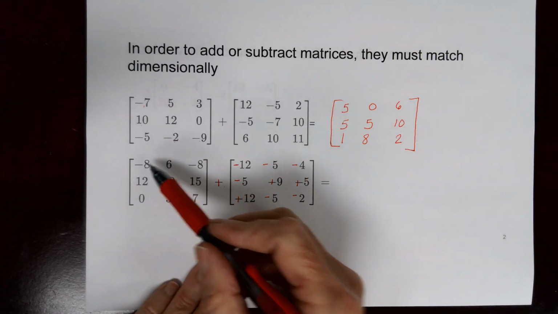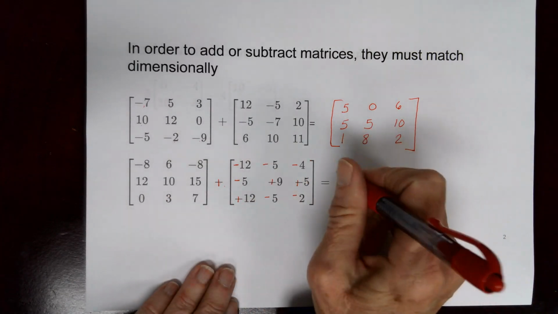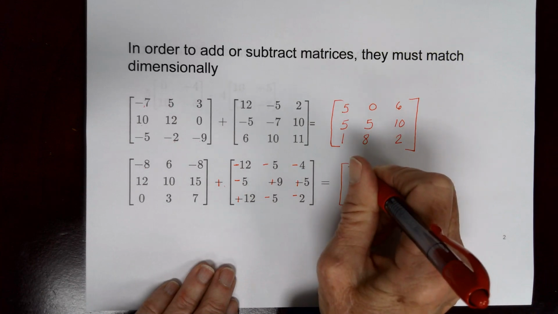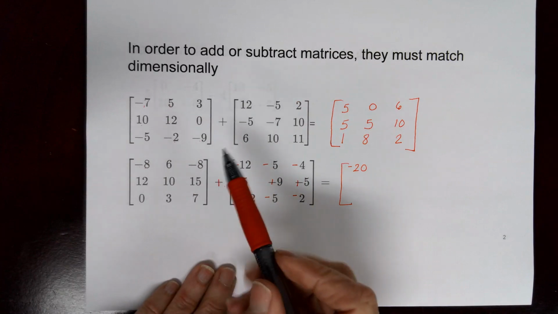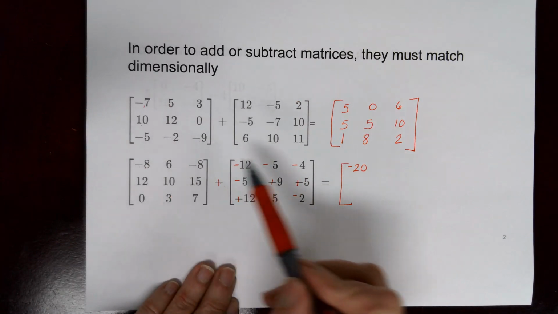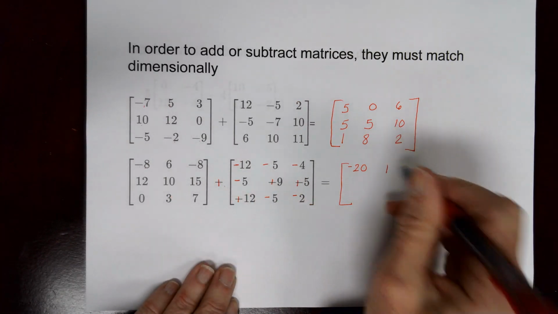So now I have negative 8 plus a negative 12. So that's going to give me negative 20. I think it'll save you time if you add the opposite of every one in the second matrix. 6 plus a negative 5 is a positive 1.